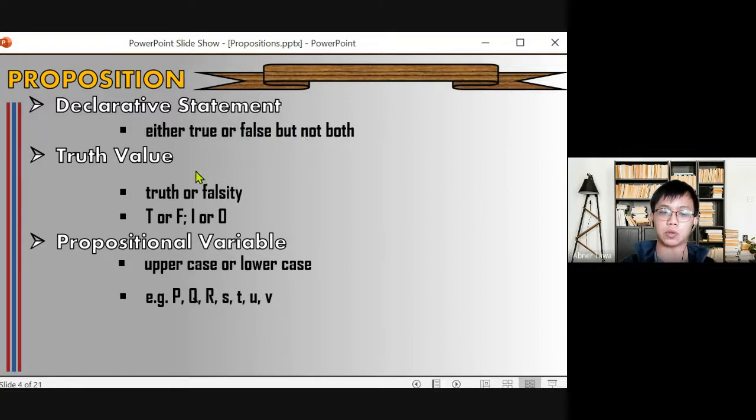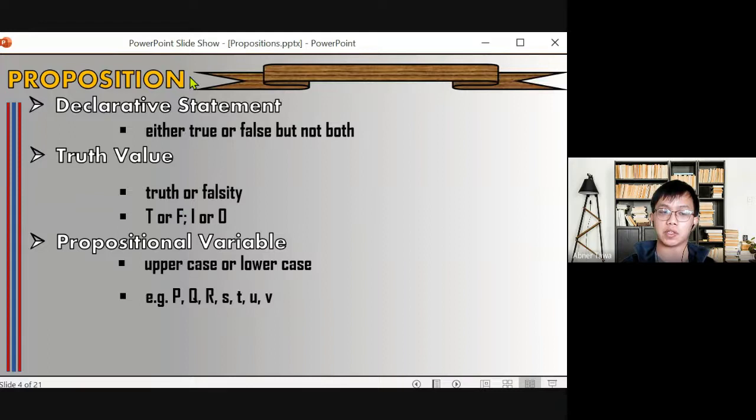And then the truth or falsity of a certain proposition is called truth value. We use capital letter T for true and capital letter F for false. But in some references or books, we use 1 for true and 0 for false. Sometimes it is easier to manipulate propositions if they are symbolized.